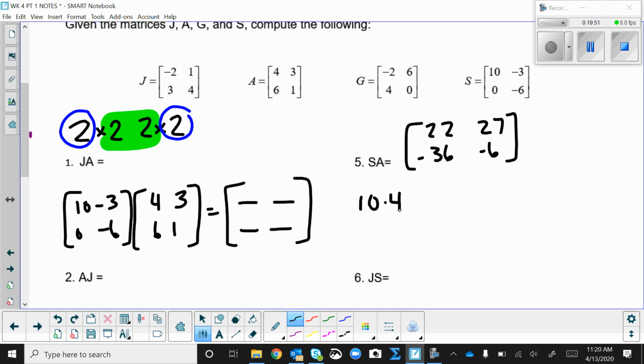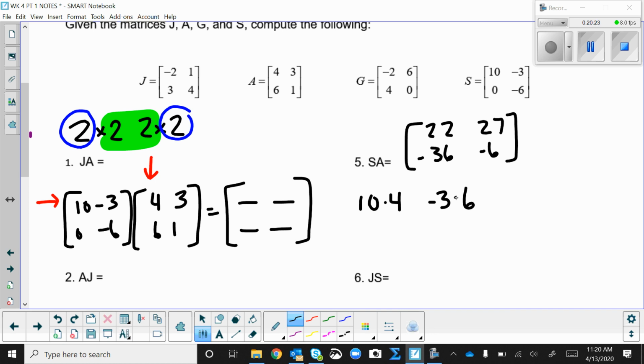Now, what's the second entry in the first row? Negative 3. And what is the second entry in the first column? It's 6. And those are getting multiplied. So put your fingers on the 10 and the 4. That's the first spot. Multiply them. Now put your fingers on negative 3 and 6. That's the second entries.